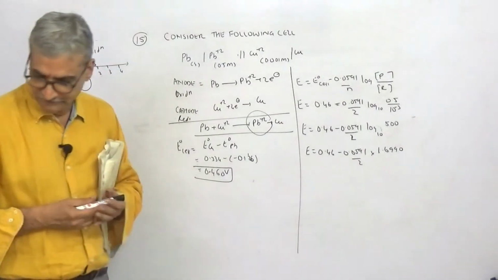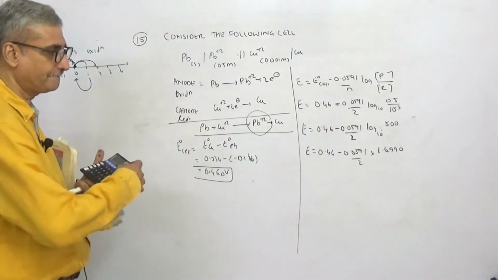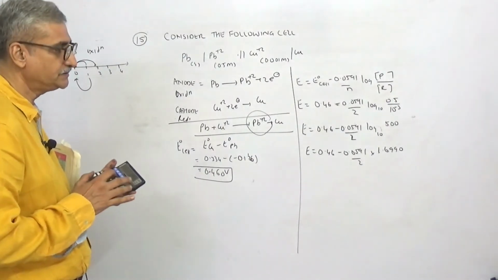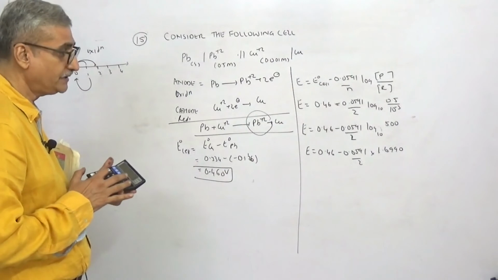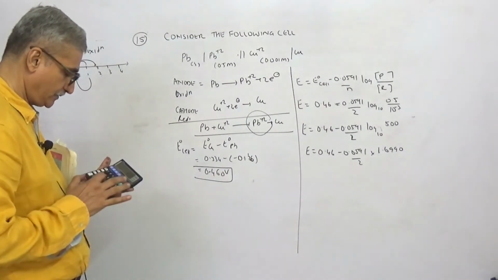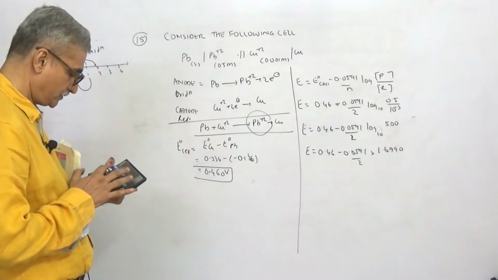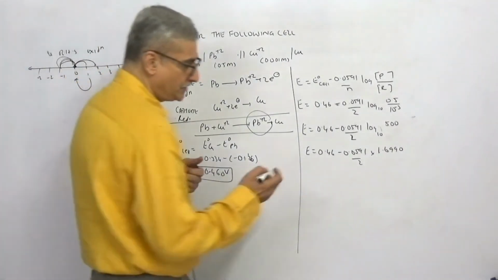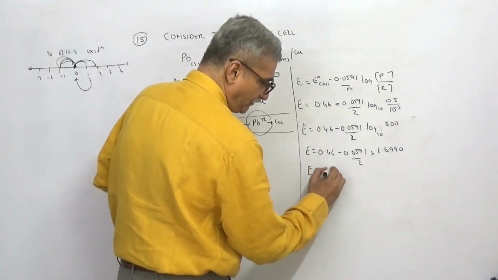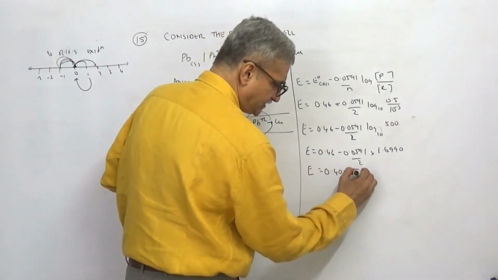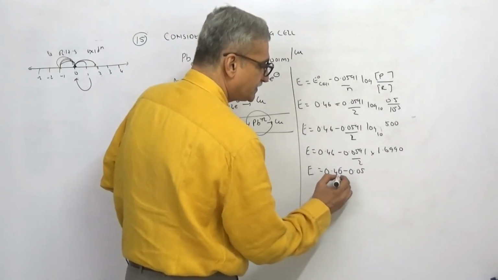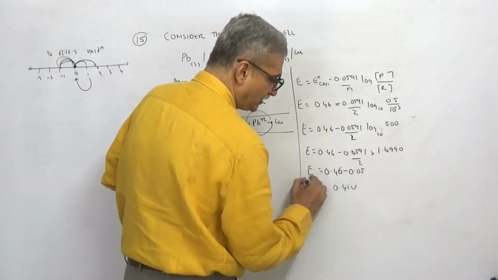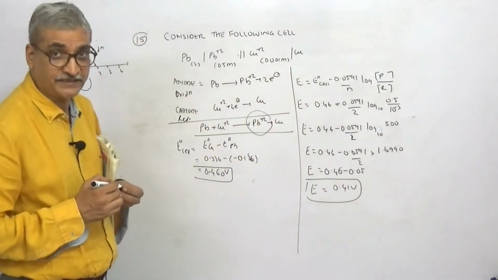So what is the value you get? 0.0591 into 1.6990 divided by 2. So that is 0.05. So E of the cell will be 0.46 minus 0.05, so E of the cell will be 0.41 volt. This is spontaneous redox reaction. Why?